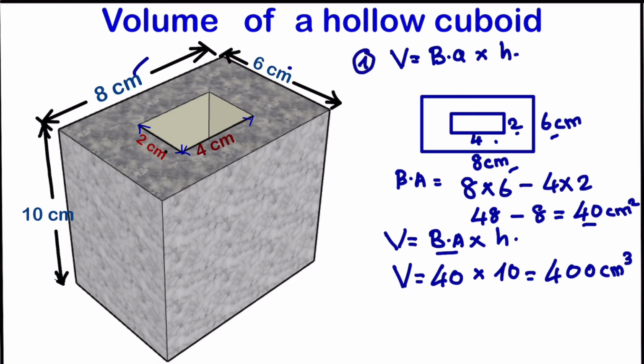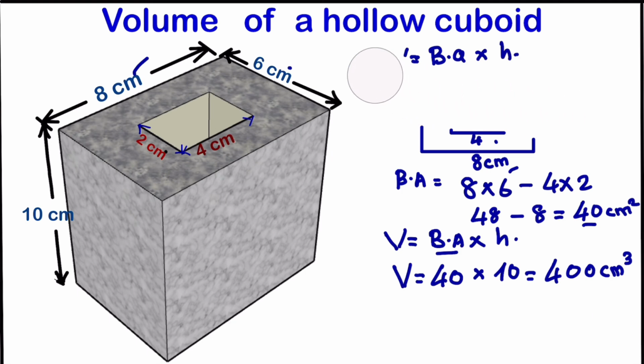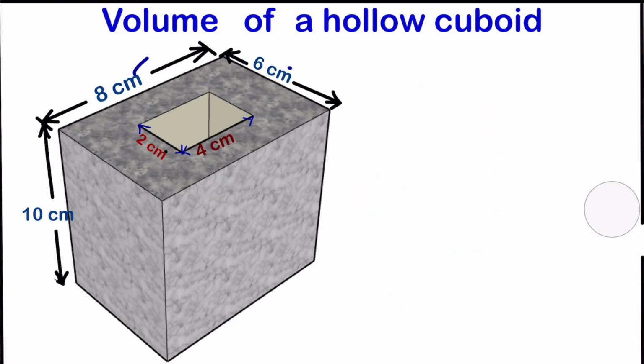So let us look at the second method. For the second method, we can use the volume of the hollow cuboid, which will be equal to the volume of the big cuboid minus the volume of the smaller one, or the cuboid inside.